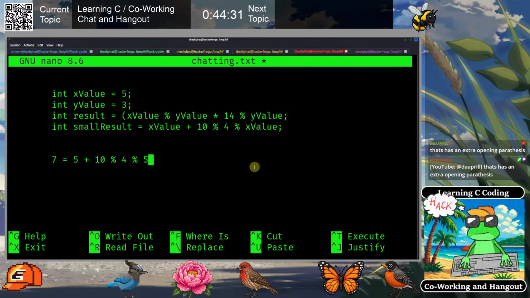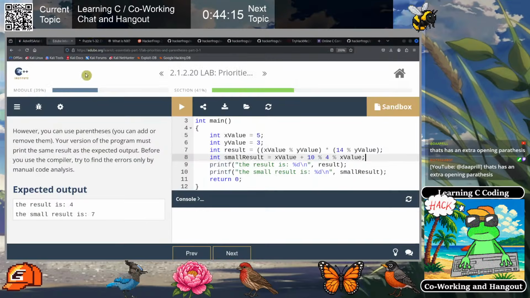Oh, really? Well, I mean, this parentheses right here, it's indicating to us that we can add our parentheses. We could put the other parentheses somewhere else, or we can remove the parentheses. Because in the exercise, it says that you can use parentheses, you can add or remove them.